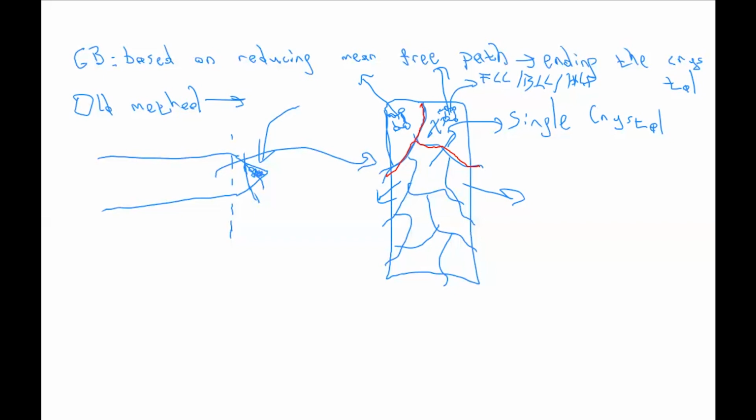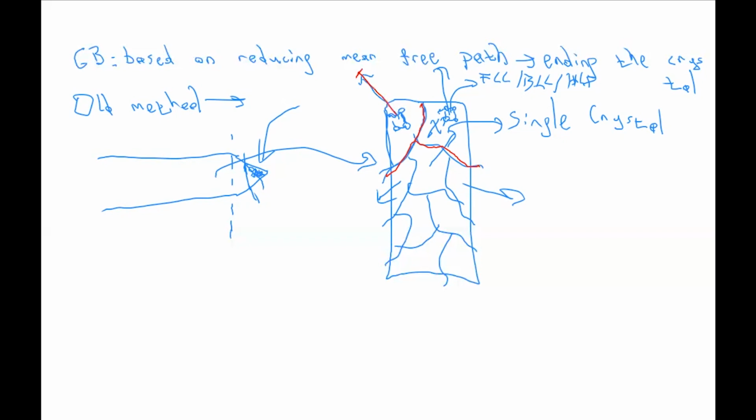When the misorientation between two grains is small, the grain boundary can be described by a relatively simple configuration of dislocations, like an edge dislocation wall. We call it a low angle grain boundary.